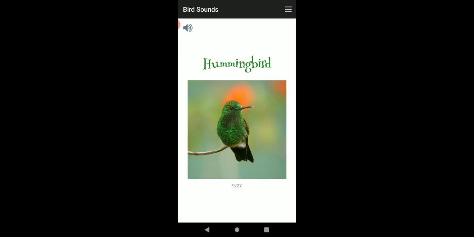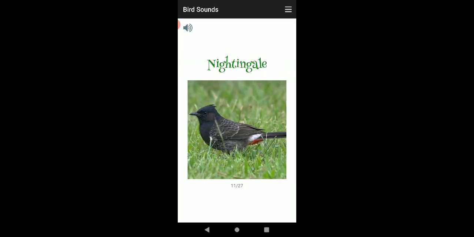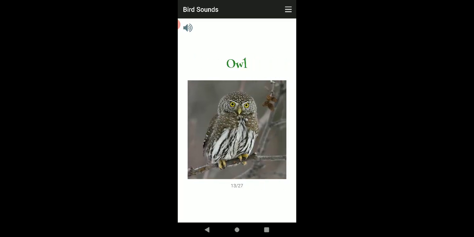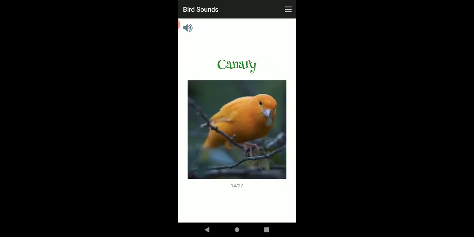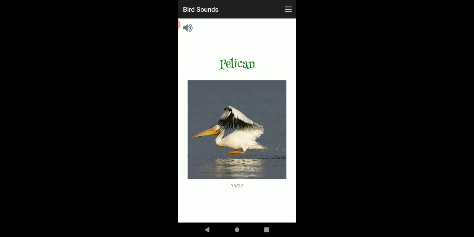Hummingbird. Kingfisher. See the sound of nightingale. Woodpecker. Owl. Canary. Pelican.